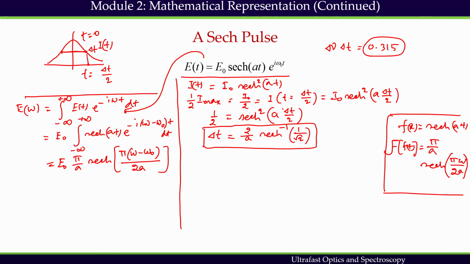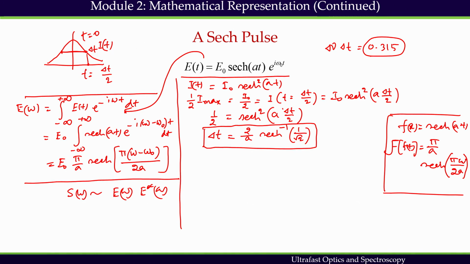If we get the field in the frequency domain, then I can get the power spectrum in the frequency domain, which is nothing but S omega, equal to E omega multiplied by E star omega, that we have to calculate.